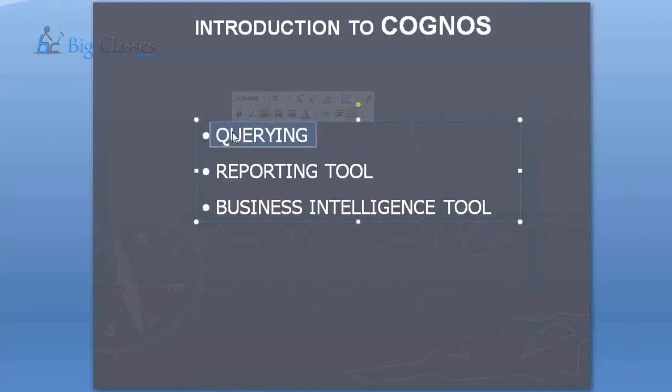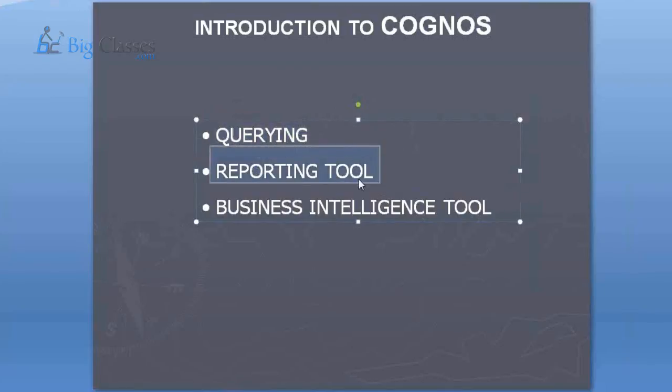I think all of you know the Oracle sample tables, employee and department. Assume employee is in Oracle and department is in DB2. We can write SQL joining both of them in the same query itself. We can join heterogeneous databases also. That is the reason we call this a querying tool.